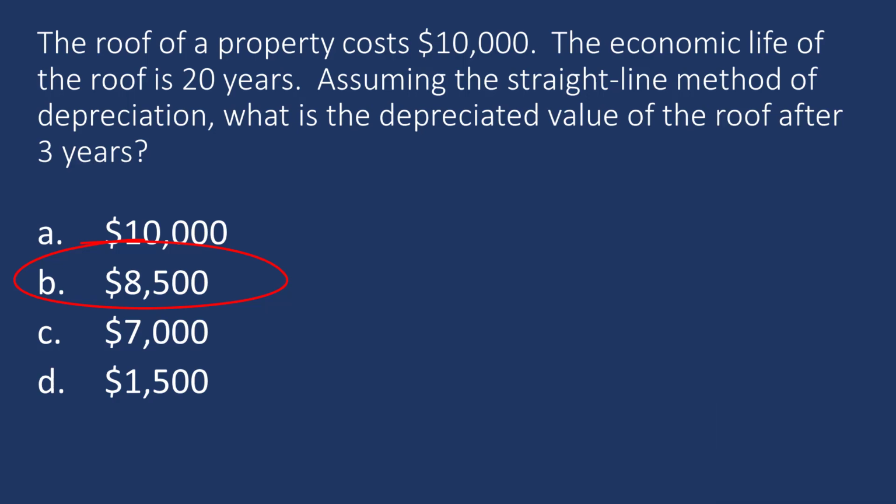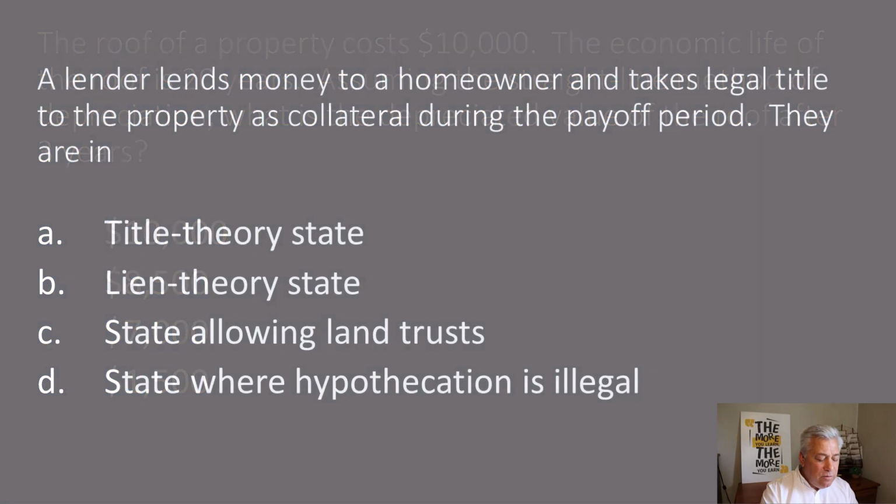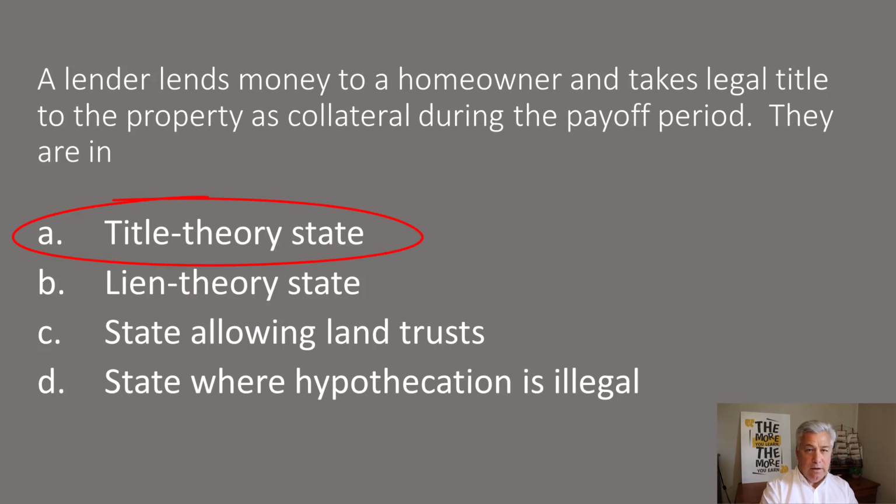Question number 18. A lender lends money to a homeowner and takes legal title to the property as collateral during the payoff period. They are in a title theory state. States that use mortgages as collateral are called lien theory. States that use a deed of trust to establish collateral are called title theory states.